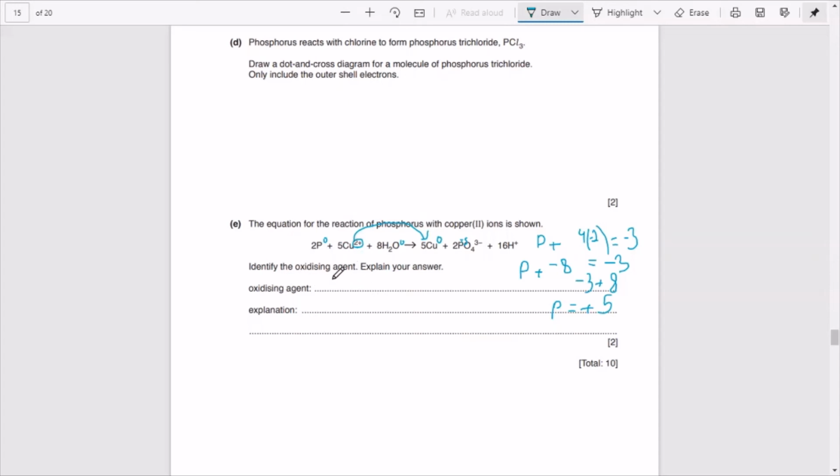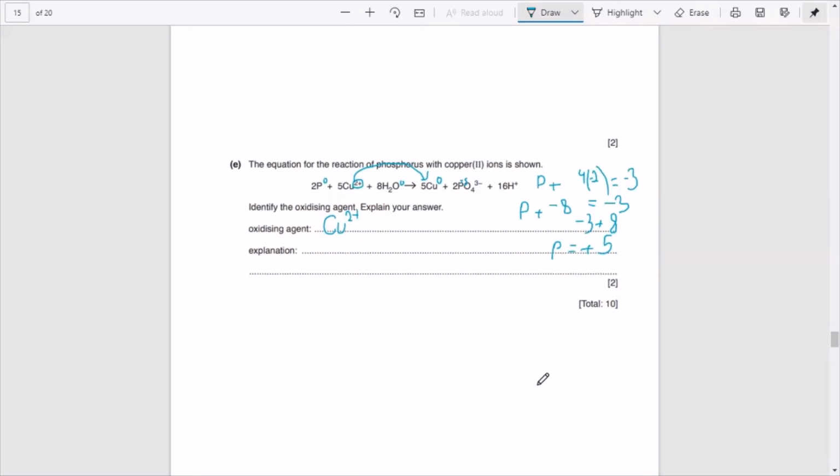So it's going to be Cu2 plus. And if you talk about the reason, it is simply because it gains electrons. And that is how it is going to be done. This is around a 10 marks question, and it was pretty easy and simple again.